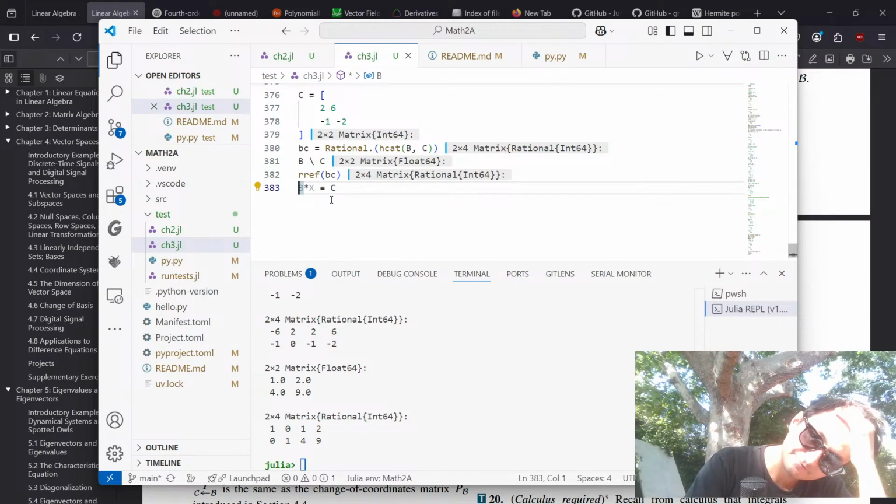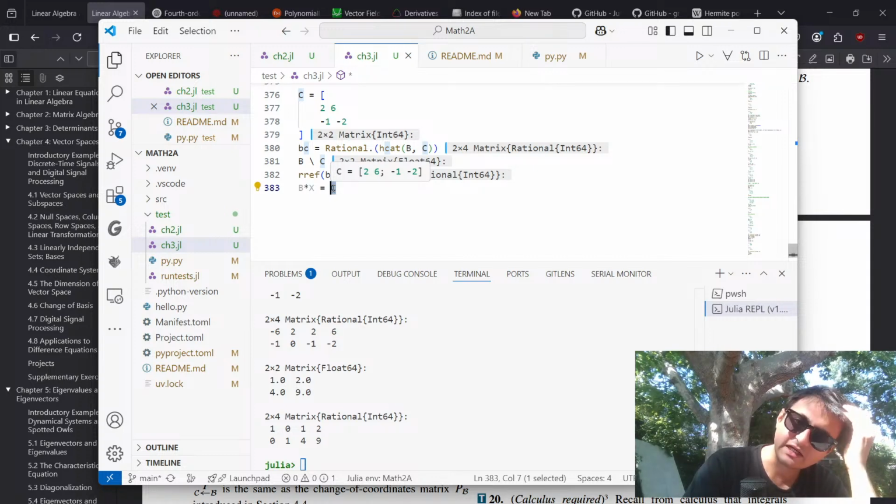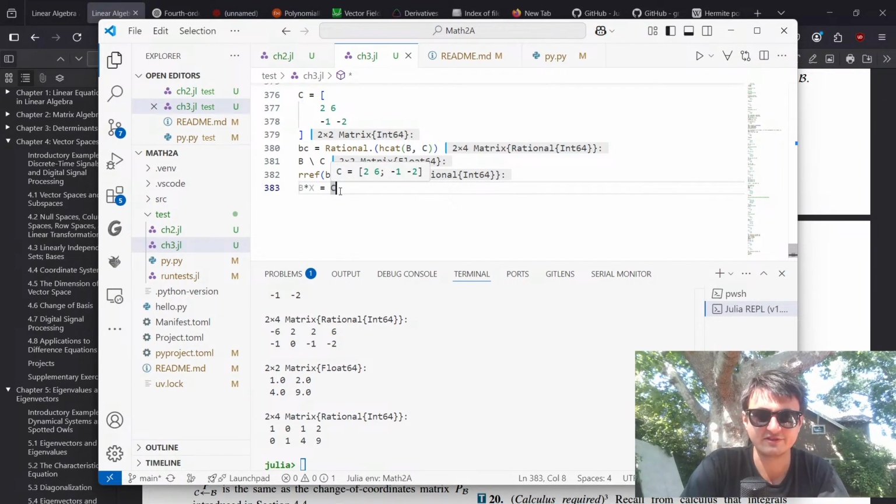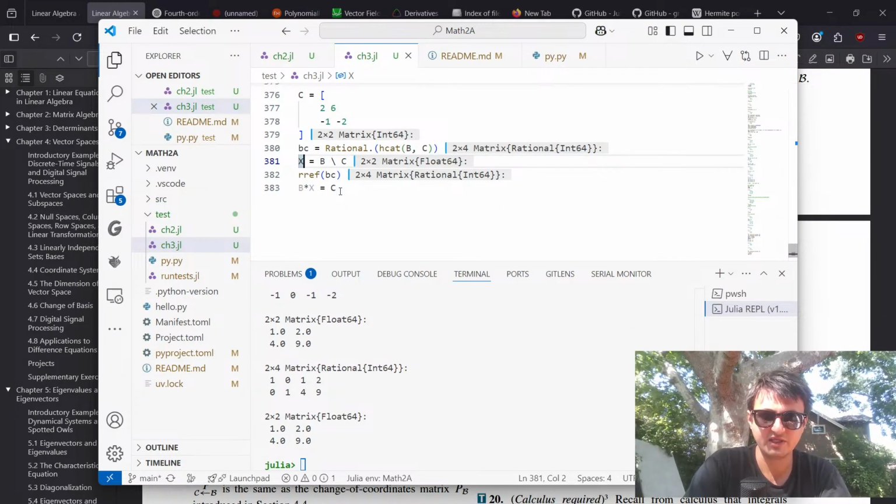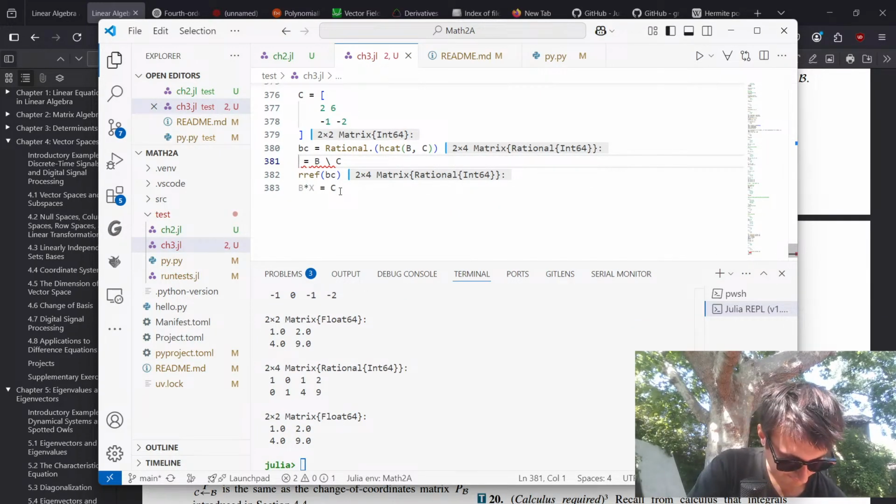And what that means is that X is going to be the B coordinate vectors of C. So X in this case is going to be PB, since it's writing C in terms of B. Wait a minute.